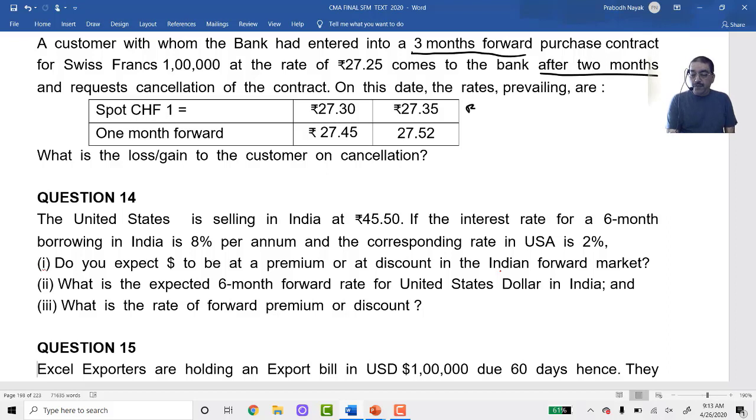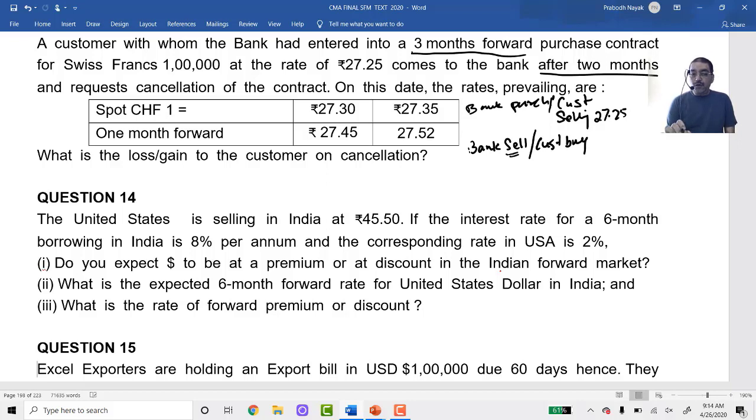So bank is purchasing, that means customer is selling at 27.25. Now he is coming and saying that I want to cancel this contract. So bank will now sell. Reverse. Customer will now buy.